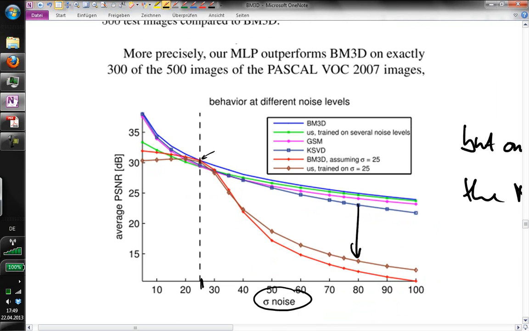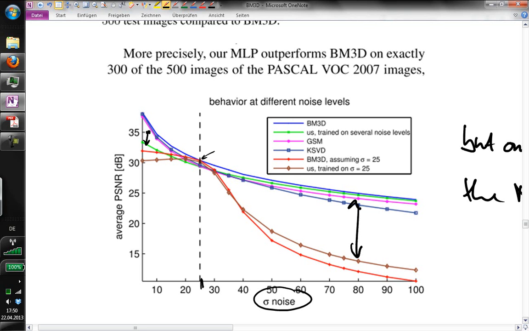And then at other sigmas, the neural network is a lot worse because it's just been trained to do that one thing. You can also have a neural network, this is the green line, trained on different noise levels, which is not as catastrophically bad anywhere, but it's also not quite as good as BM3D at sigma equals 25, and especially not at lower noise levels. So you see there's a bit of discrepancy here.